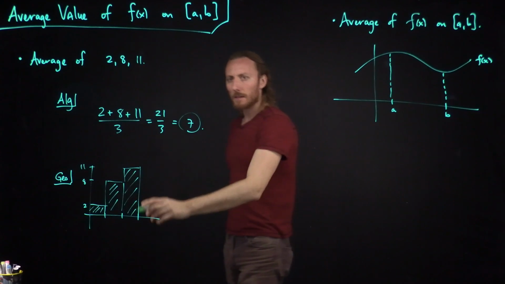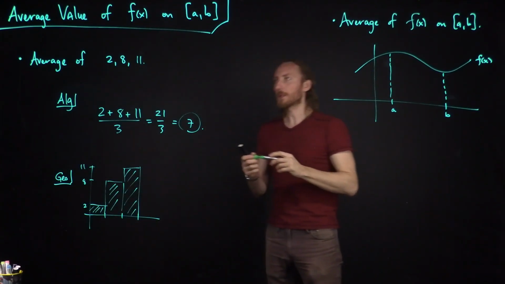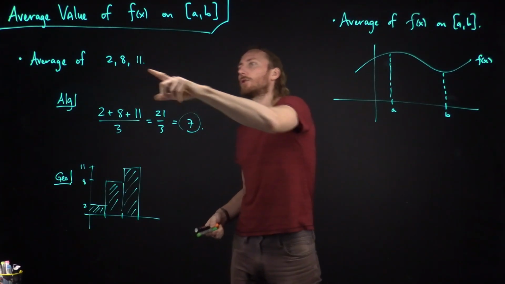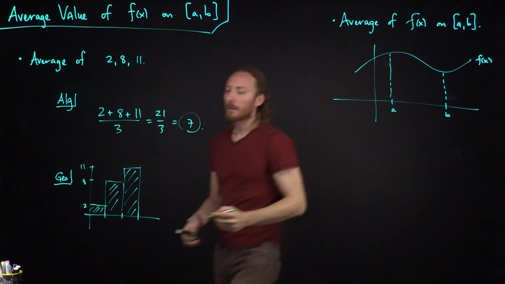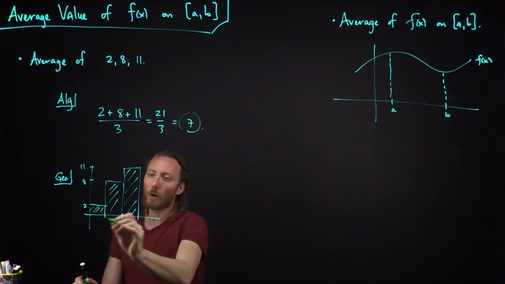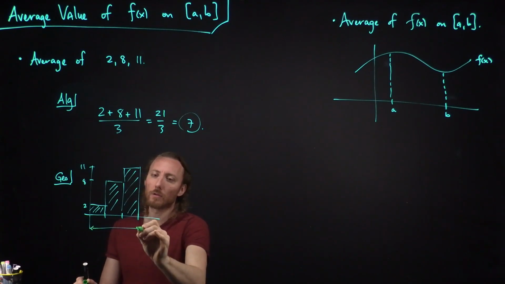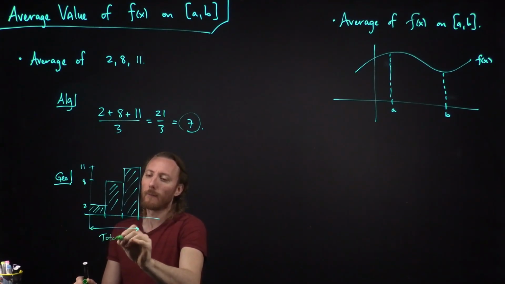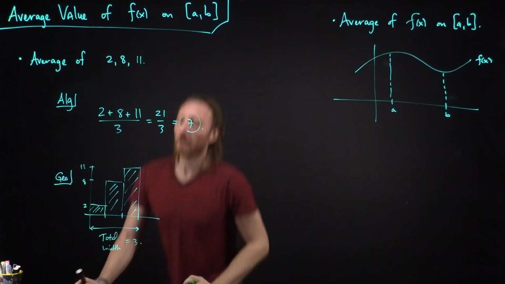So here is a geometric representation of this data set 2, 8, 11. And again, think of each of these bars as being of width 1. So the total width of all the bars is 3.